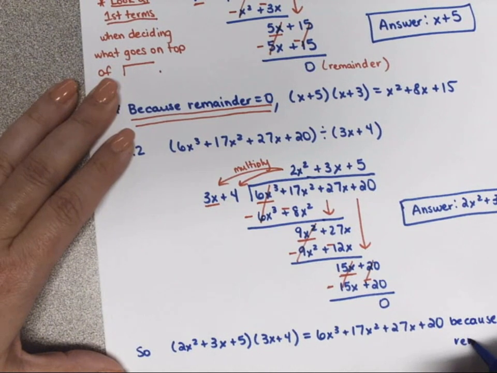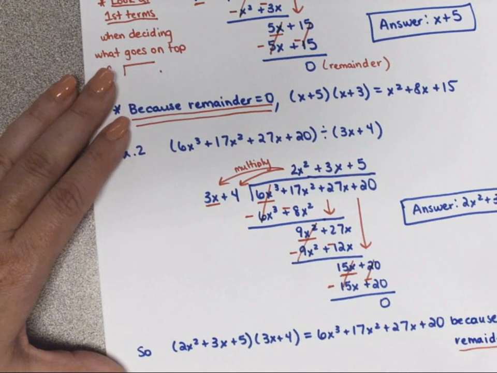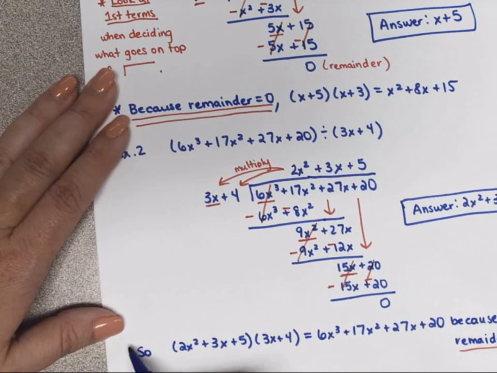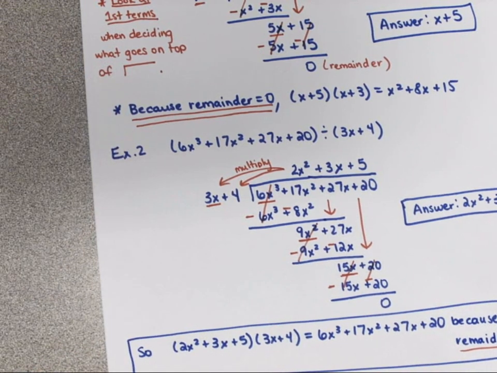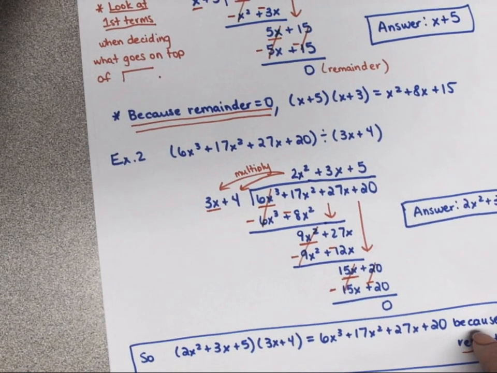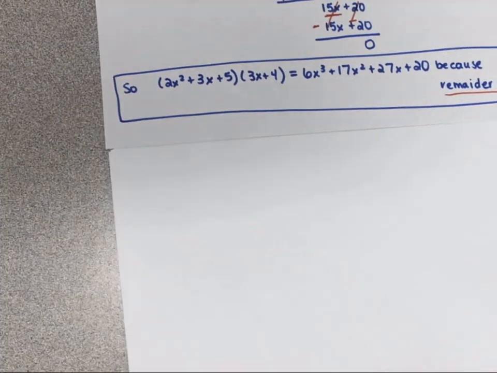Yeah, it's because the remainder was 0. That would not be true if the remainder wasn't 0. So not only can we tell an answer, but we can actually make a multiplication step about what we got to be our answer. So we're going to use this process of long division mostly to tell if something goes into something else evenly or not.